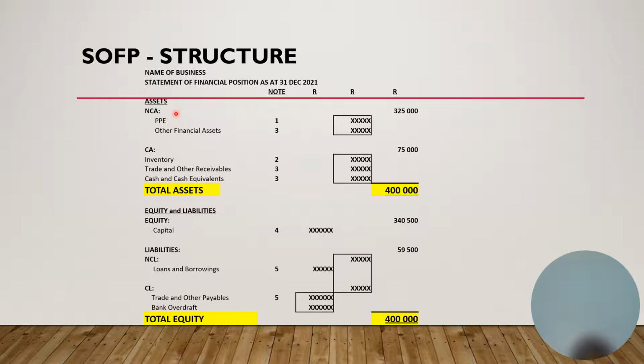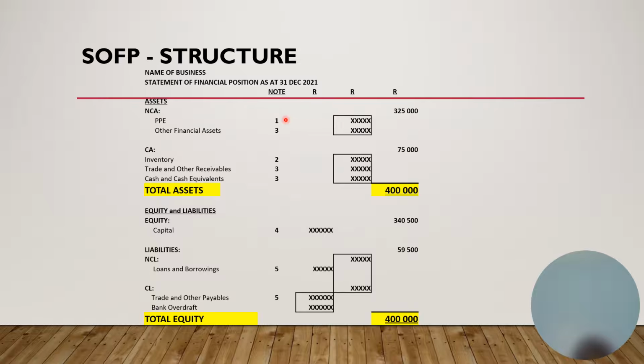Now if you look there, we said assets are divided into 2, non-current assets and current assets. Your non-current assets will be your PPE, which is property, plant and equipment, and other financial assets, which is maybe your fixed deposit or your investment. With the PPE, we have note number 1. This note means: how did we get this amount?